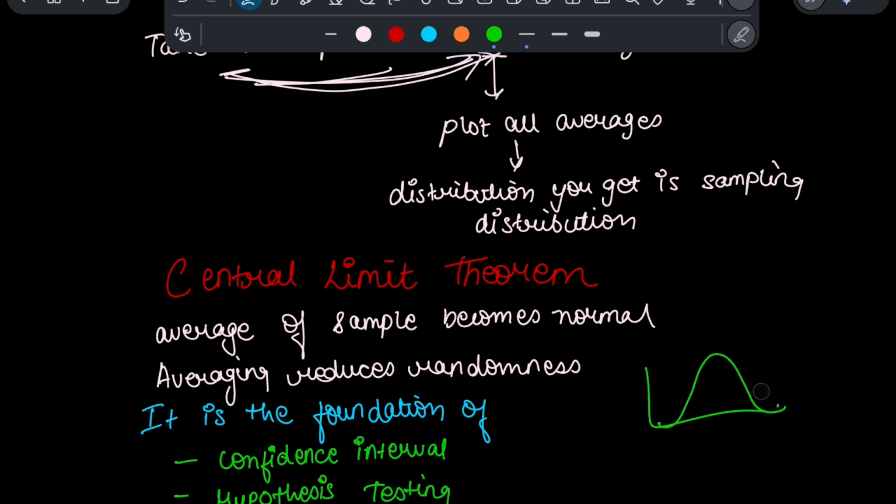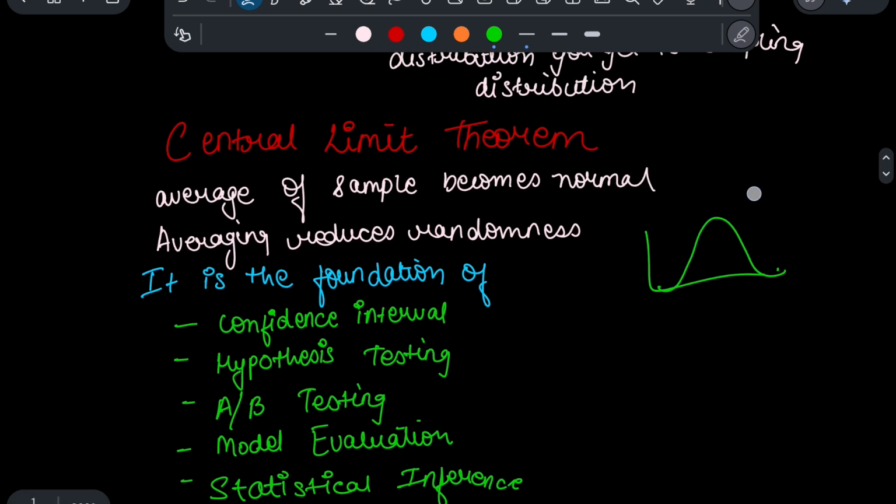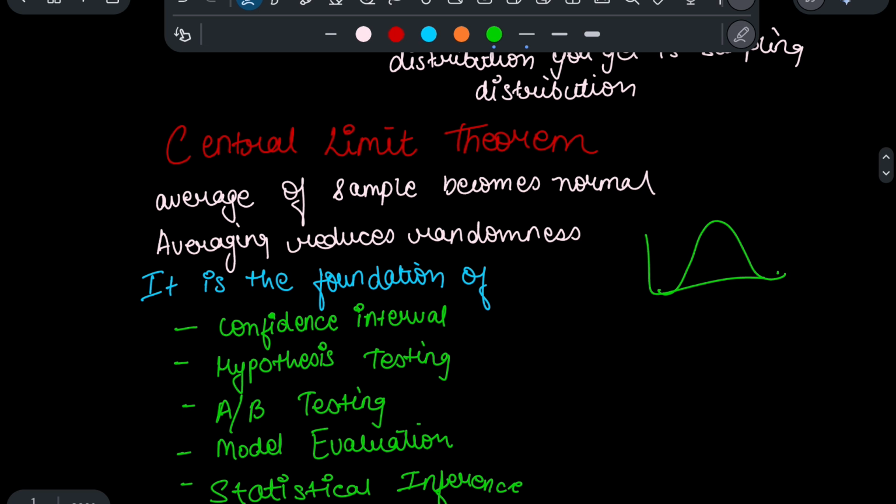One sample can be very uniform, like the dice example I gave, but if you take the averages of all the samples, then you will get a normal distribution curve. We often use the central limit theorem in hypothesis testing, A/B testing, and confidence intervals.